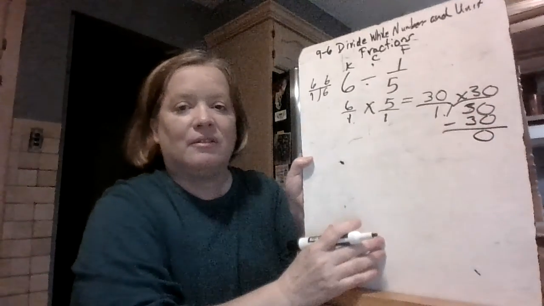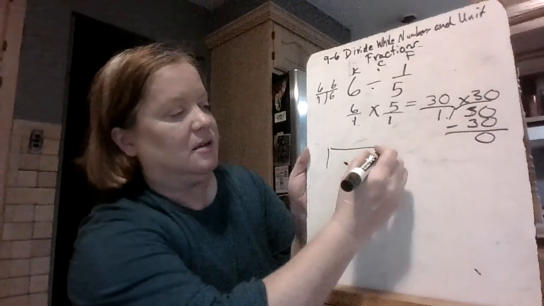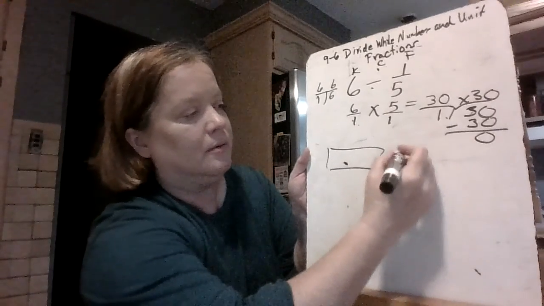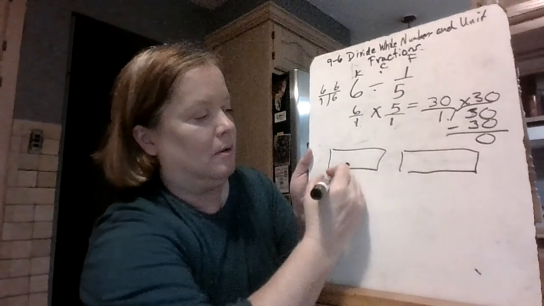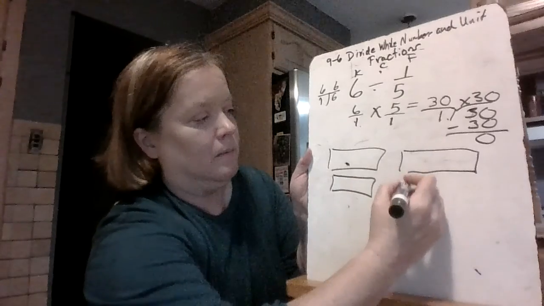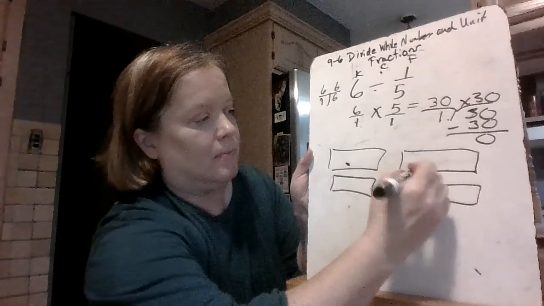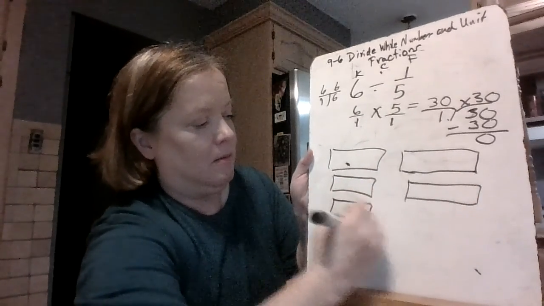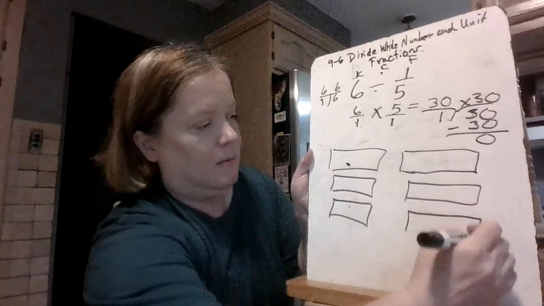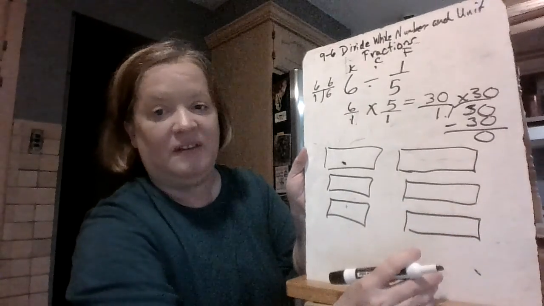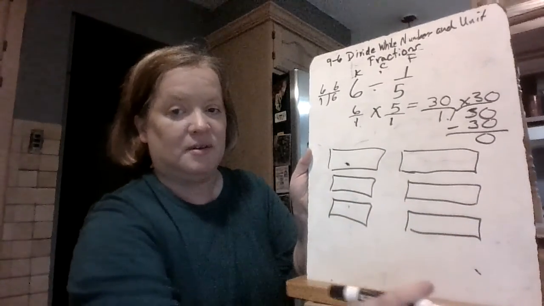So let's do a little model to show that. Let's say I had 6 candy bars, and I cut them into fifths, or 5 parts.